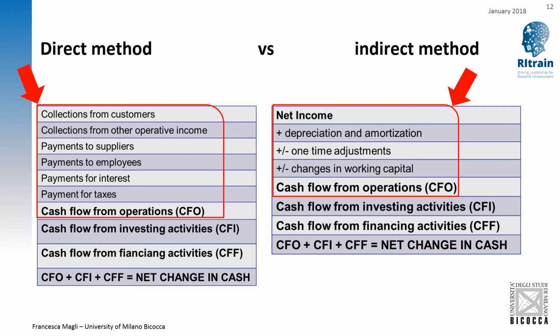Under the direct method, the cash flows from operating activities include the amounts for lines such as cash from customers and cash paid to suppliers. In contrast, in the indirect method, we show net income followed by the adjustments needed to convert the net income to the cash amount from operating activities. The direct method must also provide a reconciliation of net income to the cash provided by operating activities. This is done automatically under the indirect method.